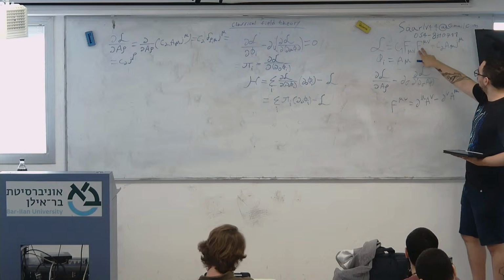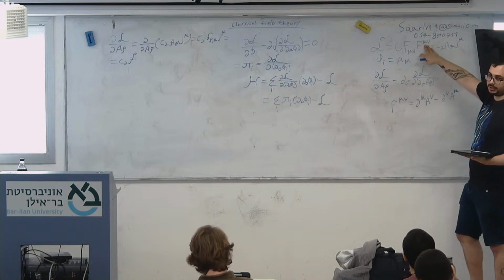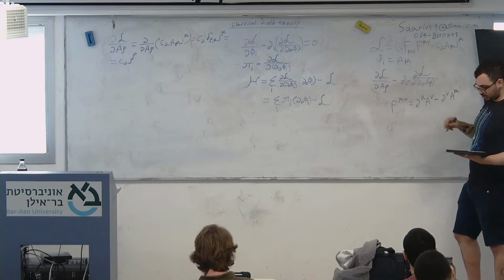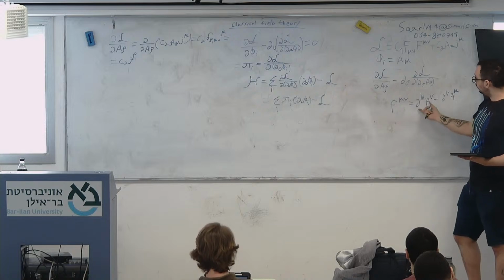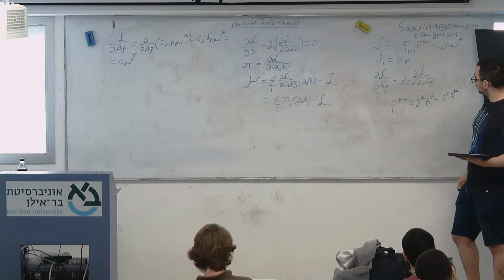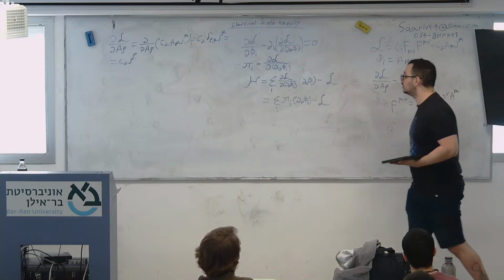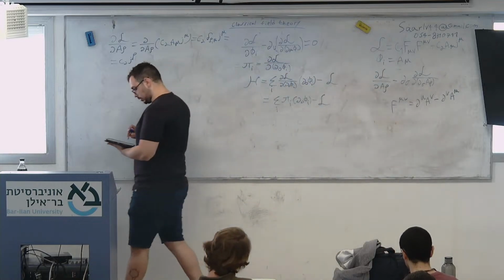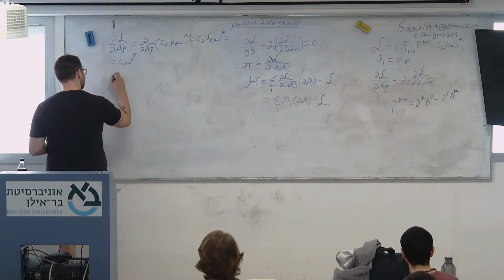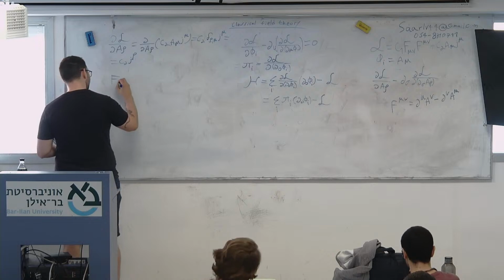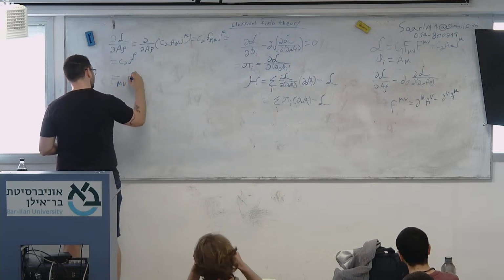And we have here an f with an upper index, which I wrote here. And we don't know what this derivative is, the derivative of the up vector times the down vector. So what we can do is, let's open the f mu u and see what we can do about this.